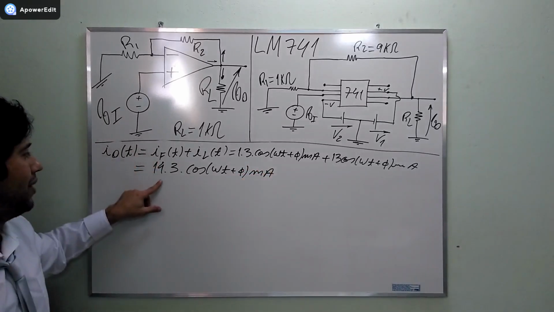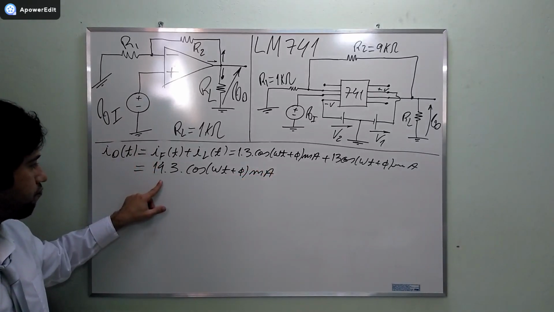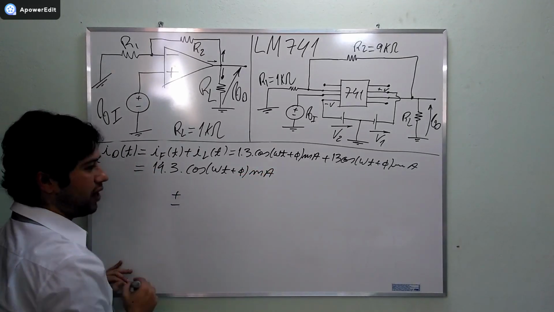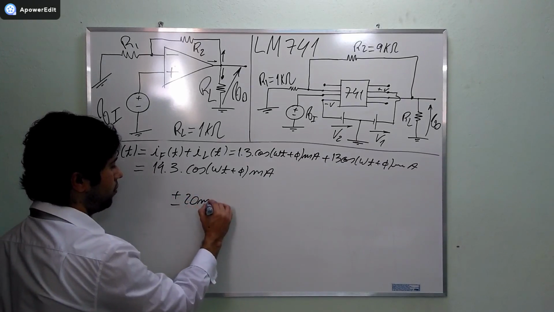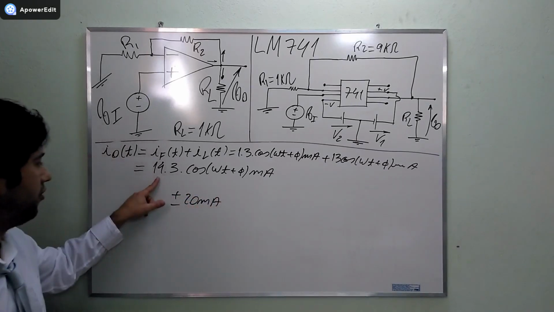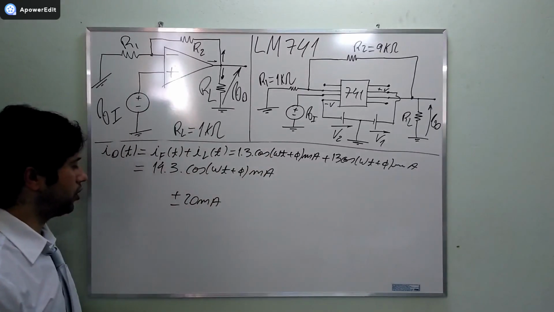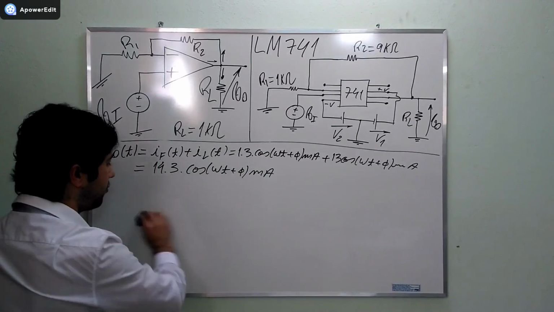This is going to be the output current. And it is under the limit. We know that the limits are 20 milliamperes. 14 is under this level. So we are not going to exceed the capability of the device.